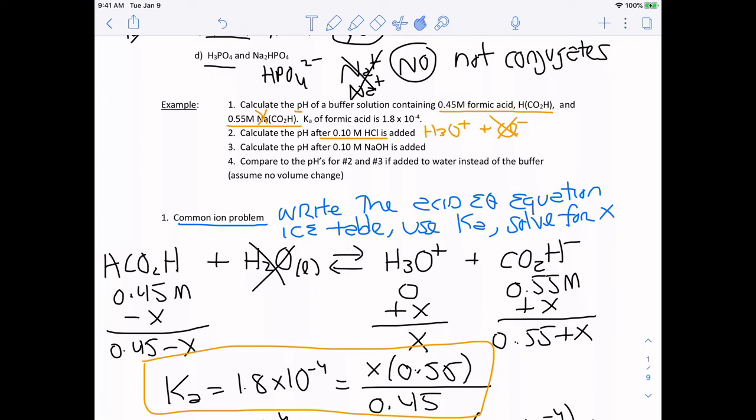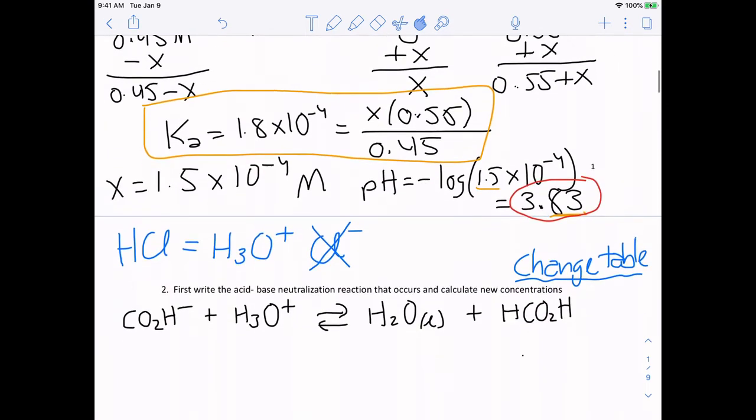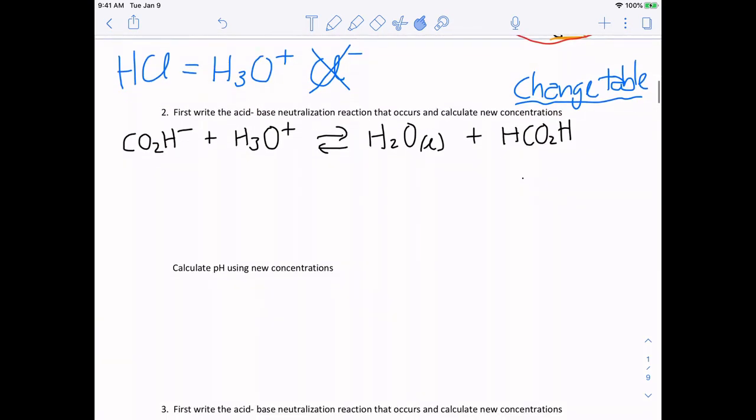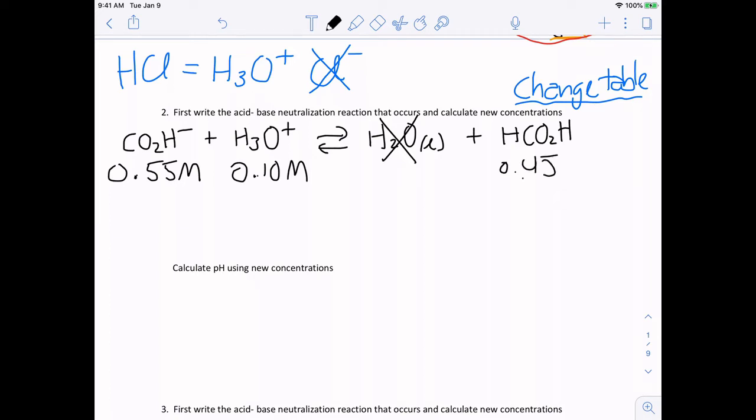And then hydrochloric acid is 0.10. I'm still just going to ignore water here. And then this is 0.45 molar.